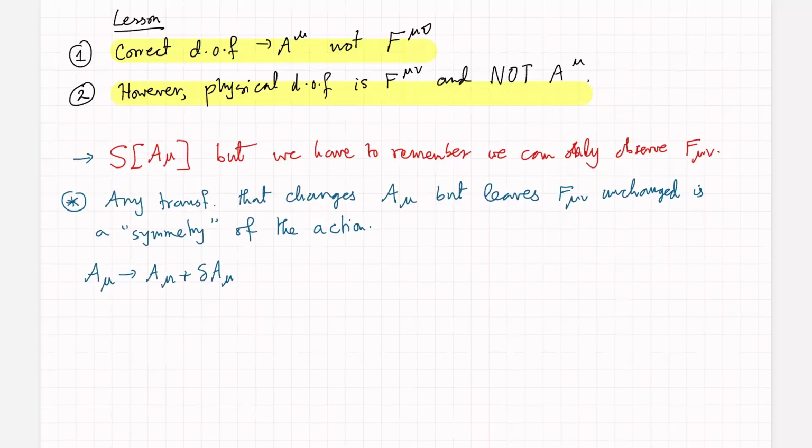A mu, and let's first look at any arbitrary change. If I just do an arbitrary change and I'm not specifying what delta A mu is right now, how does F mu nu change? F mu nu will change by some delta F mu nu, but this delta F mu nu we know how to express in terms of delta A nu.